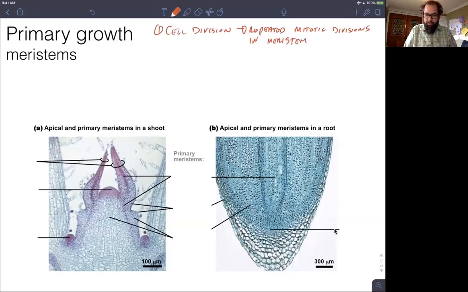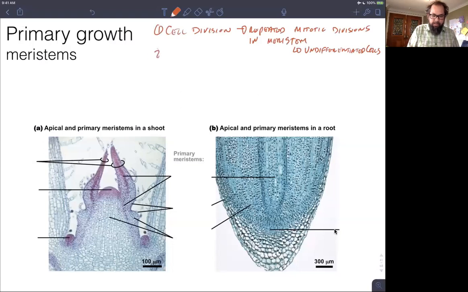And just as a reminder, remember a meristem is a region of undifferentiated cells. This is the only place in the plant where active cell division is happening, in the meristem, where we have this population of undifferentiated cells.